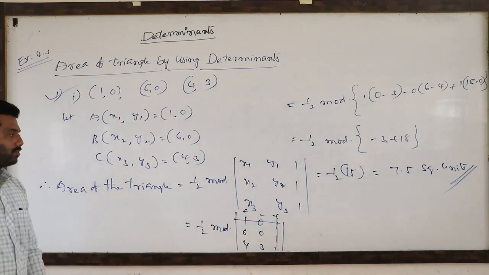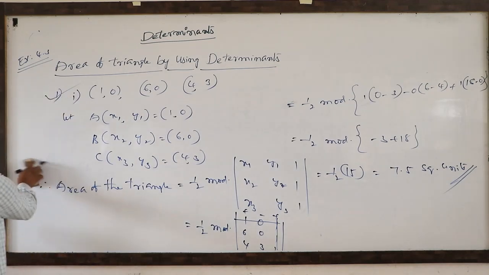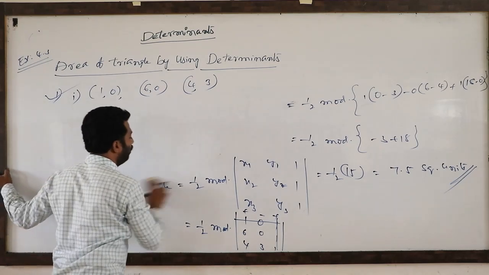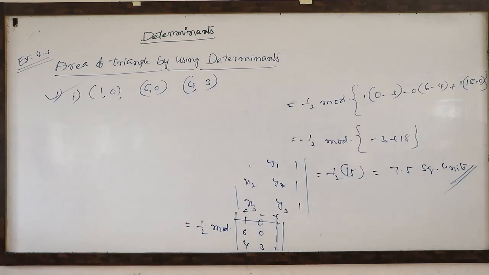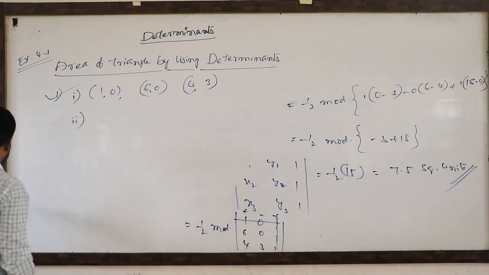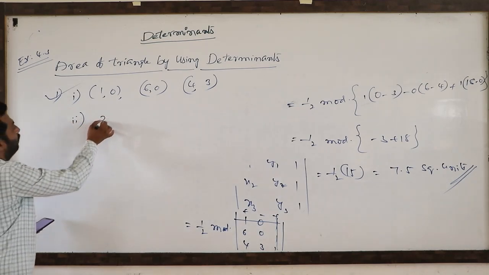So in the first problem, the second and third parts you have to answer yourselves. I will write the problems; note them down and practice them. The second one is 2, 7, 1, 1, 10, 8.